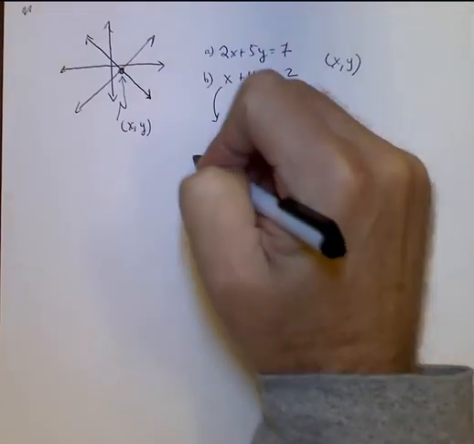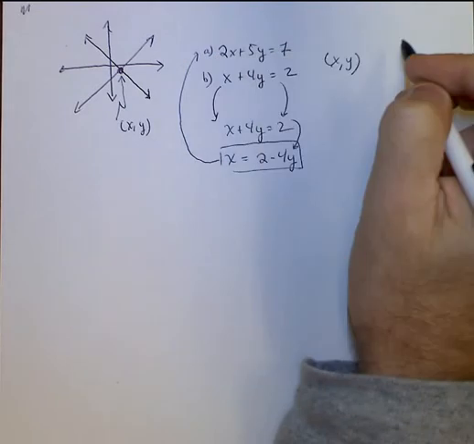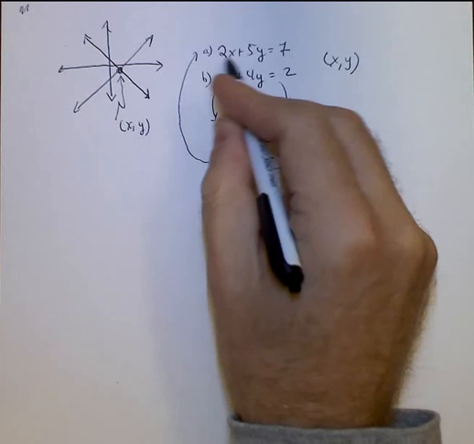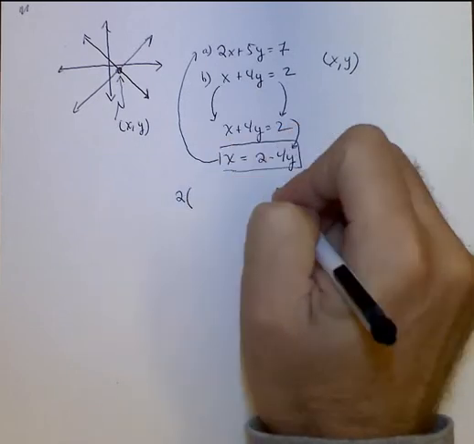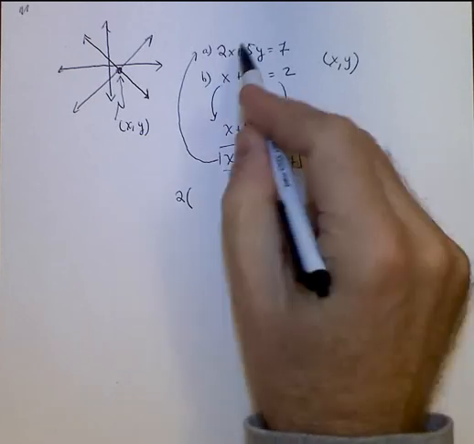And we substitute it into the A equation. It's 2x, but instead of writing x, we now know that x is 2 minus 4y. We're going to substitute in this x into the A equation.